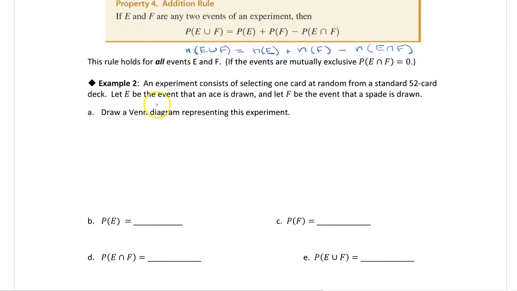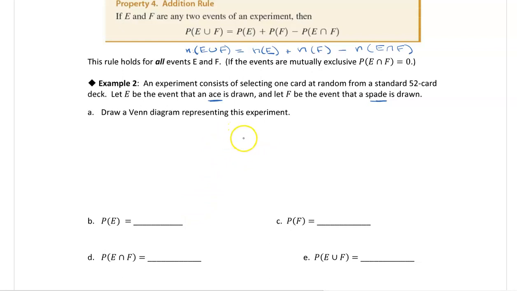In this example, we have an experiment consisting of selecting one card at random from a standard 52 deck. We're going to let E be the event that an ace is drawn, and we're going to let F be the event that a spade is drawn. We know there's 52 cards in the deck. Let's make a Venn diagram of what's happening here.